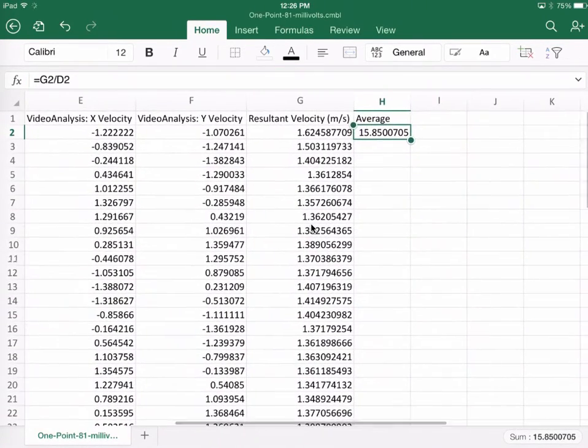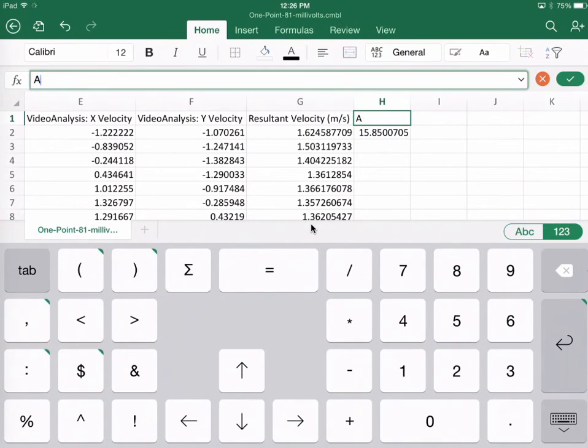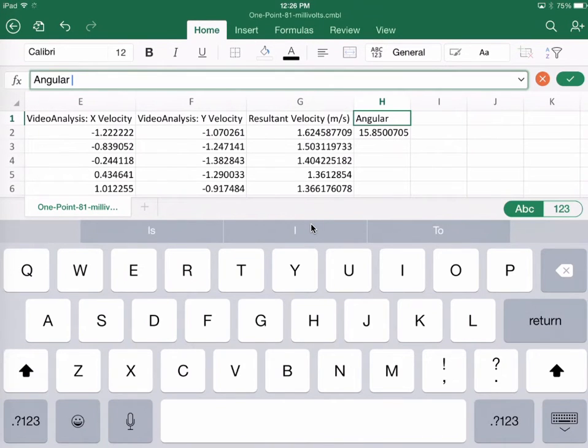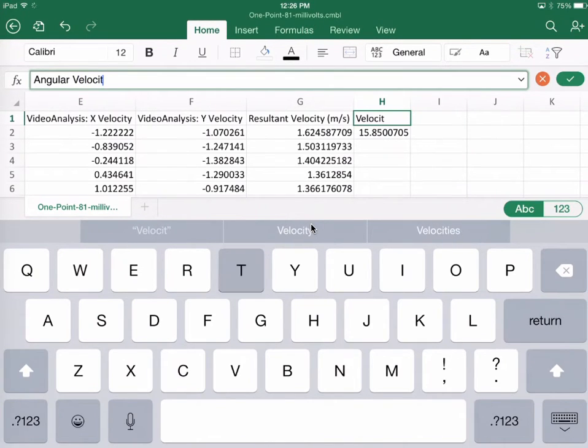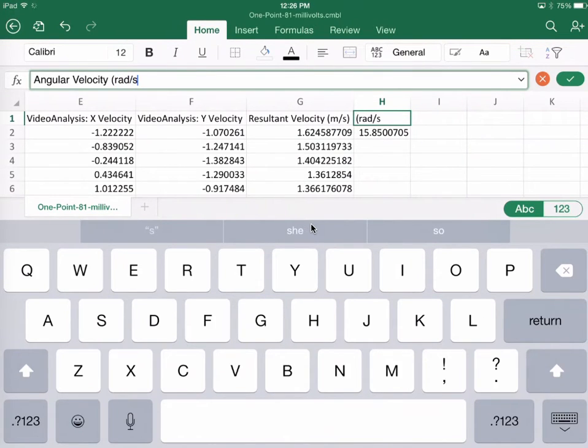So we see our average, and it's not really average, it's actually angular velocity that we're calculating. And know that your angular velocity is going to be measured in radians per second.